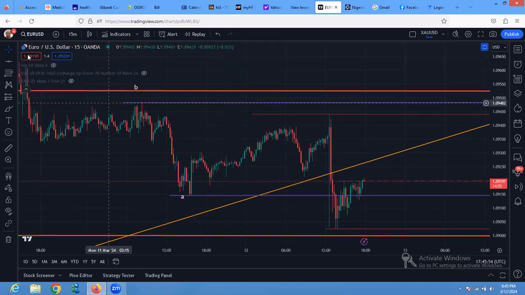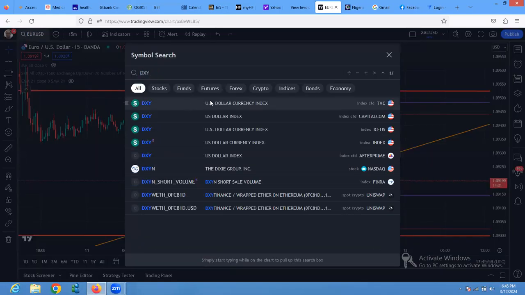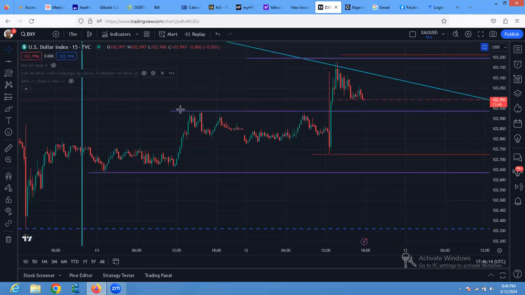The same thing on the DXY, US dollar index. Price should find support. So now price also is trying to break it here.